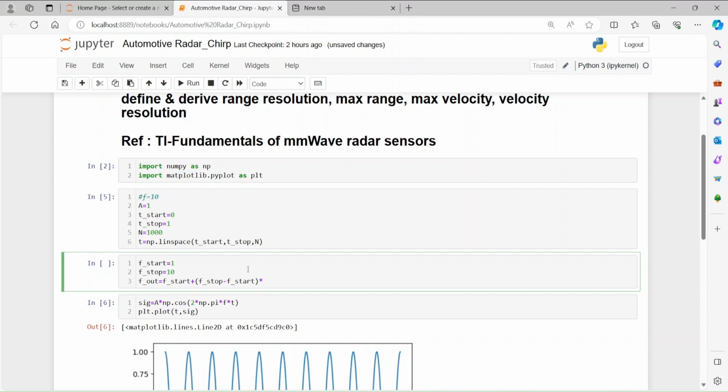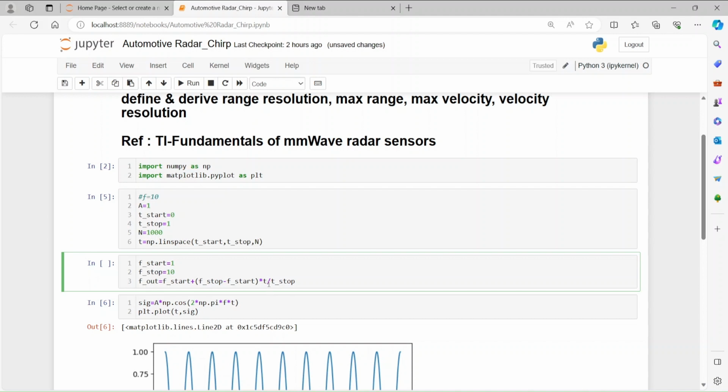This is the total duration, and how the signal is changing over time. That means we need to have t stop. So this is the slope right here, the change of the signal, and this is the bandwidth, and this is the start frequency. You see, from the inputs f start and f stop, we can derive the output.